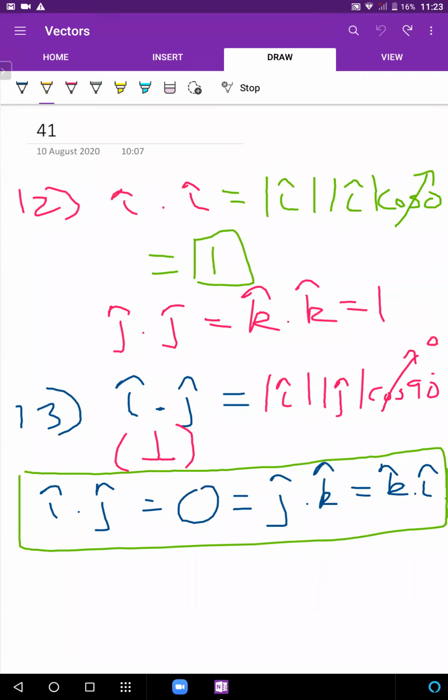Let me know when you're done with this page. Yeah, sorry, what does 2 mean?